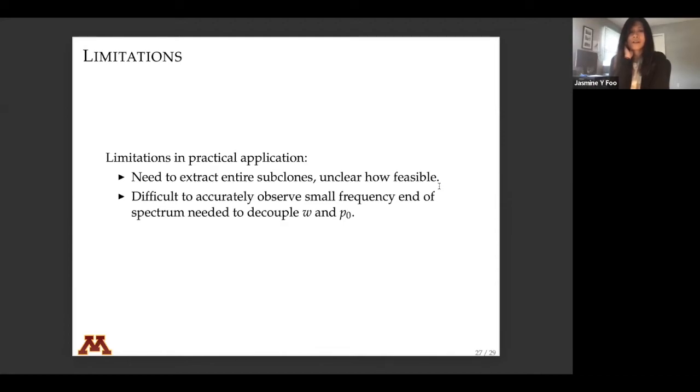Single cell sequencing is available now, where you can identify the mutations present in individual cells, so that's theoretically possible right now, but it's expensive. But the technology is improving every day, so it's becoming more and more accessible to get at this small frequency end.